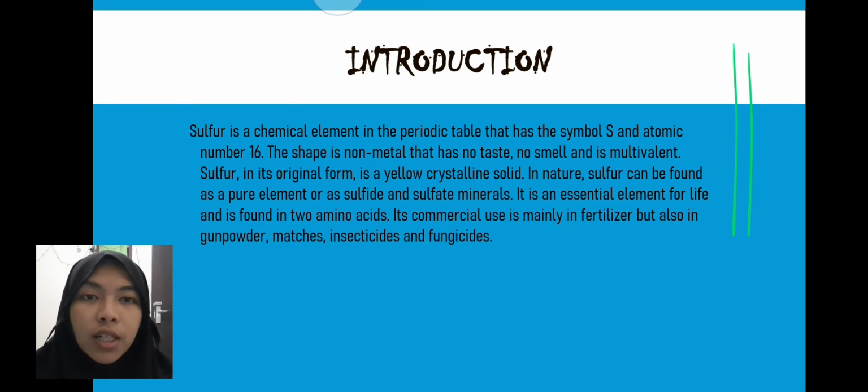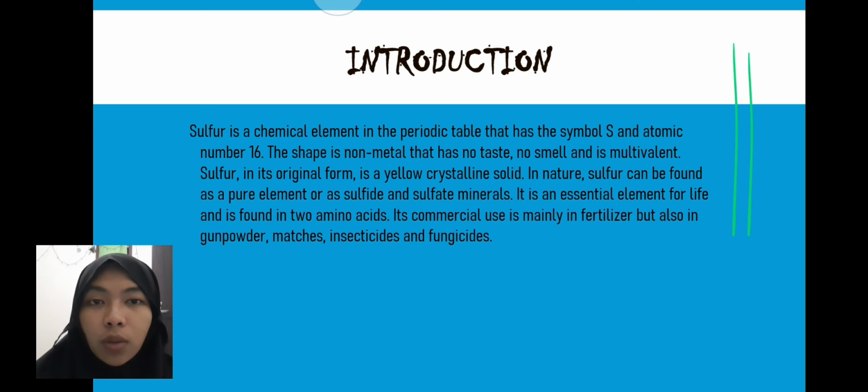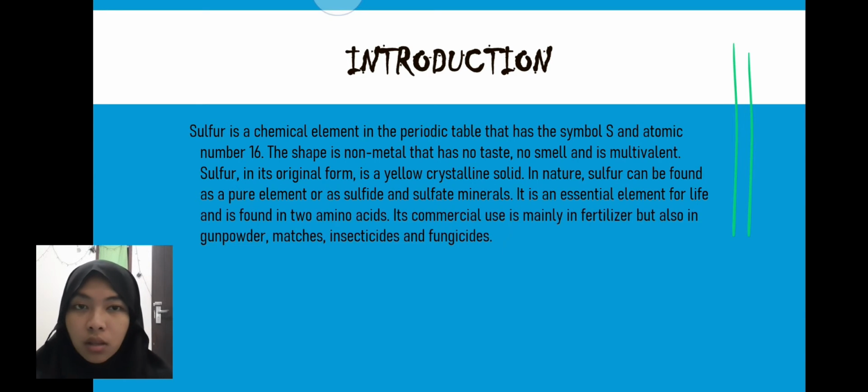Introduction. Sulfur is a chemical element in the periodic table that has the symbol S and atomic number 16. Its shape is non-metal, with no taste, no smell, and multivalent. Sulfur in its original form is a yellow crystalline solid.